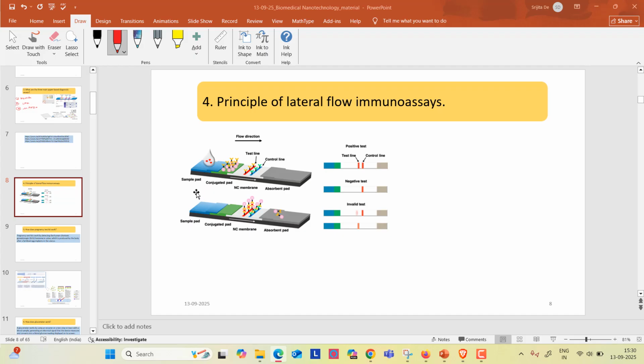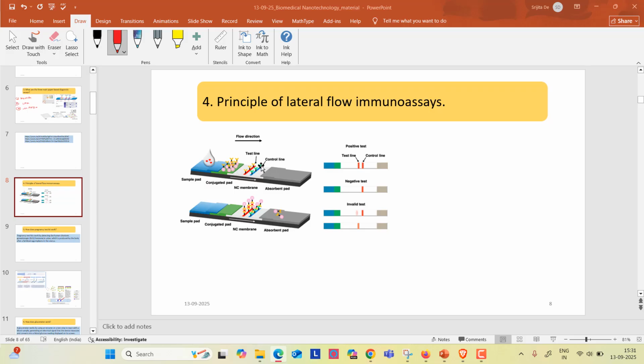The way I have said, in the sample pad our sample will be there, the antigen will be there, and in the conjugation pad, the antibody is coated with the help of nanomaterials, or we can say gold nanoparticles, right? They are already coated. And now they are moving to the nitrocellulose membrane. Here there are two lines, the test line and the control line.